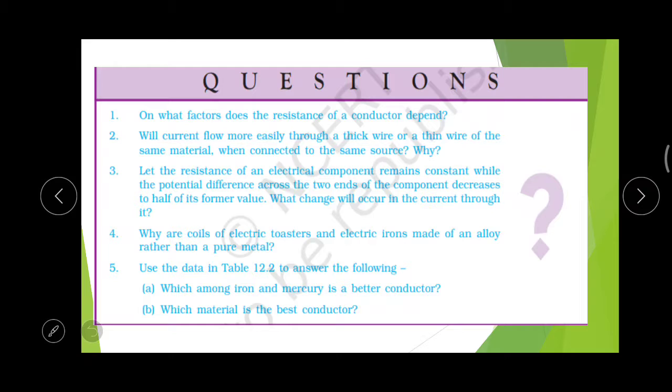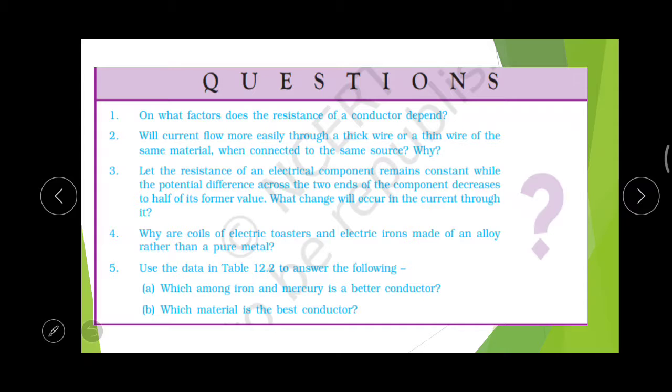A thick wire will have more cross sectional area and the thin wire will have less cross sectional area. The resistance is inversely proportional to the cross sectional area. That means if the cross sectional area increases, then the resistance value will decrease. So in this case R is proportional to 1 by A.